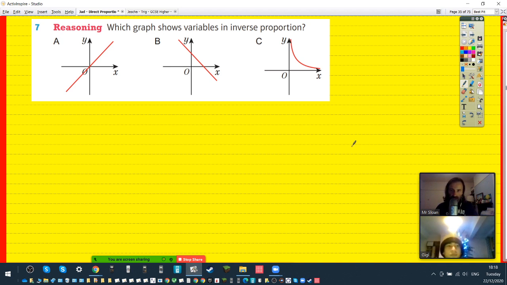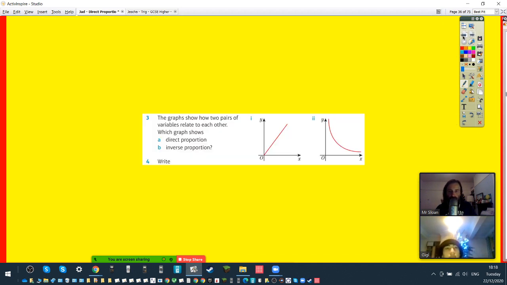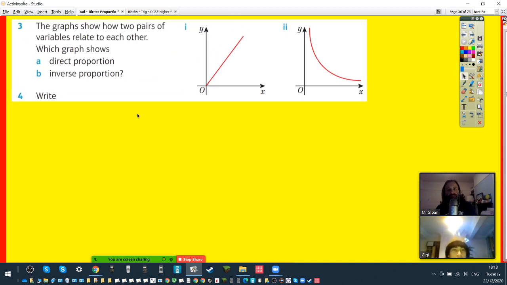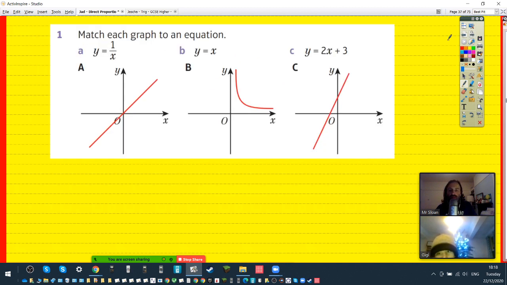Okay, how about this one? C. That's it. Let's see. Which of these shows direct proportion? First one. Yeah. And then that one's there. Match these up.